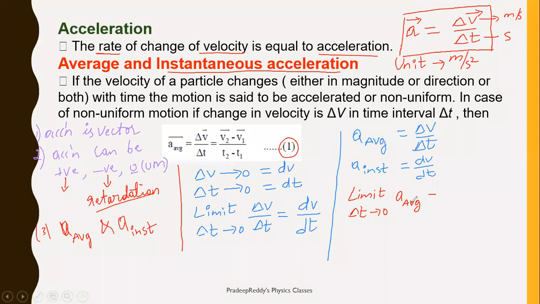This is equal to dv by dt, which is a instantaneous. So finally, you can write the relation between instantaneous acceleration and average acceleration as limit delta t tending to 0, a average is equal to a instantaneous. Fine.